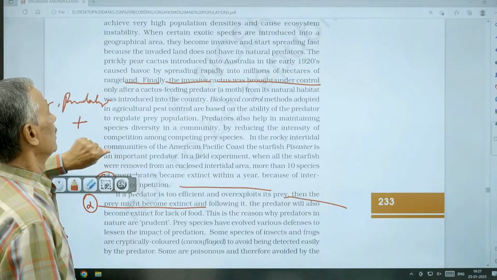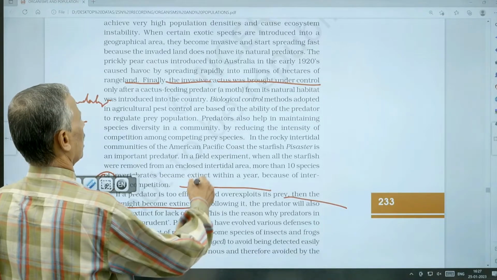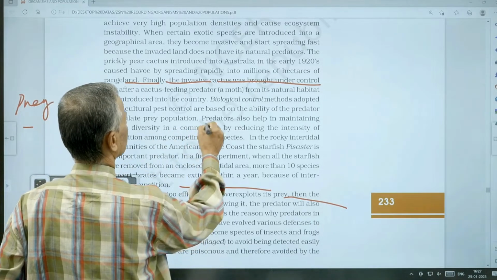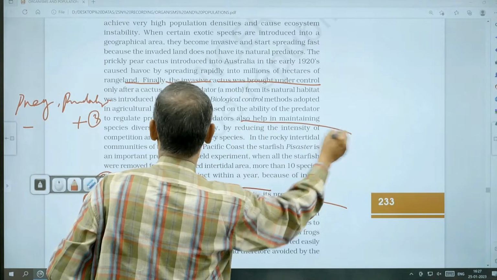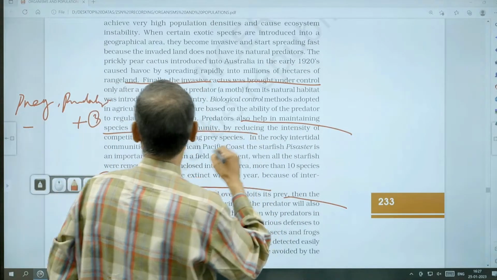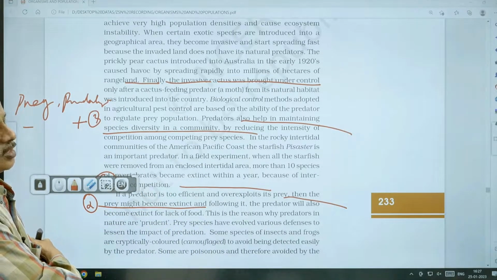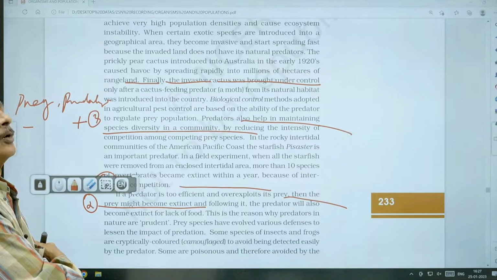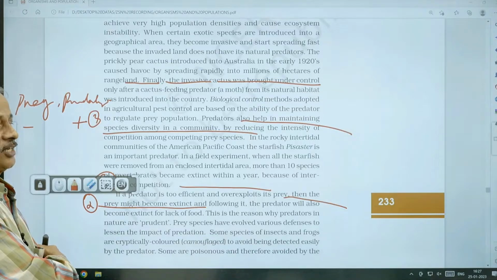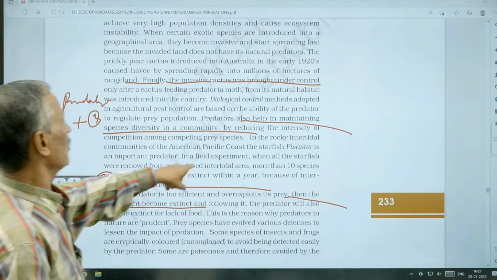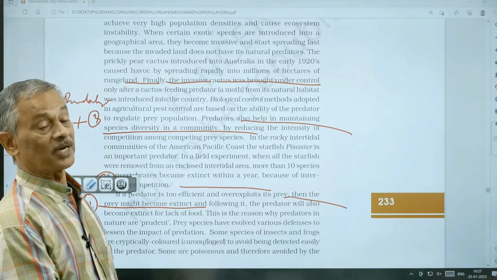Number 3. A predator will also be helping in maintaining diversity among prey communities. There will be so many different types of prey communities because of the presence of a predator. For example, the pizza star, a pink starfish, was a predator.